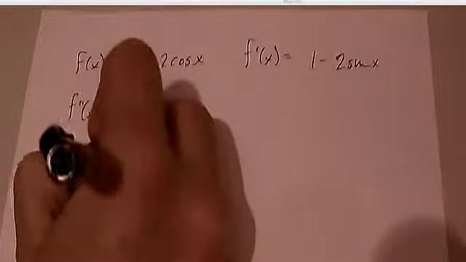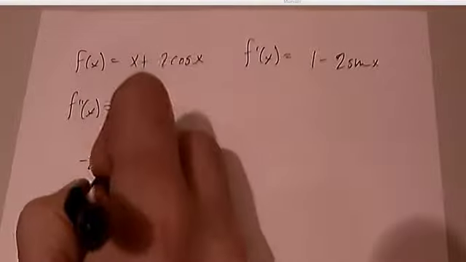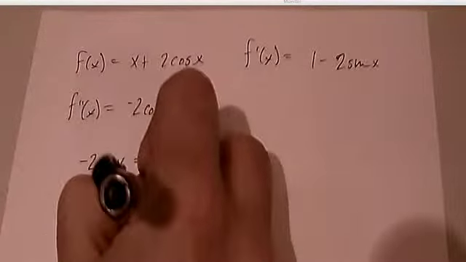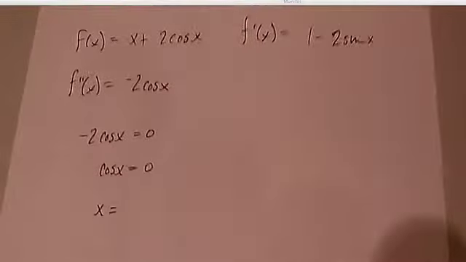Well, negative 2 cosine x equal to 0 is just where cosine x is equal to 0. And where's cosine x equal to 0? Yes, you're right. At pi over 2 and 3 pi over 2.